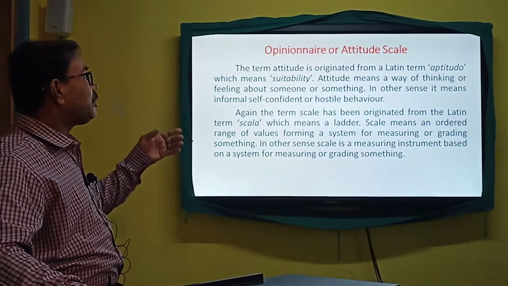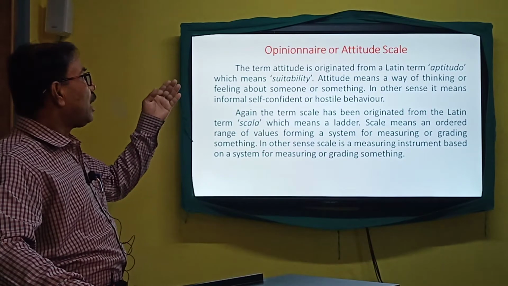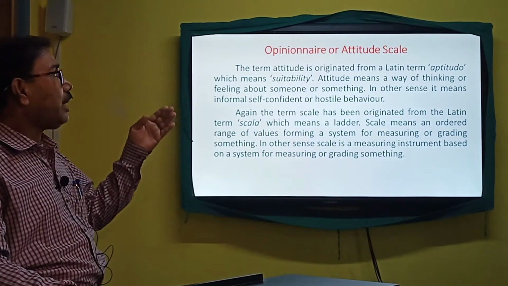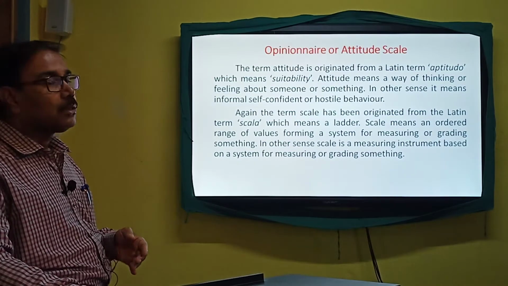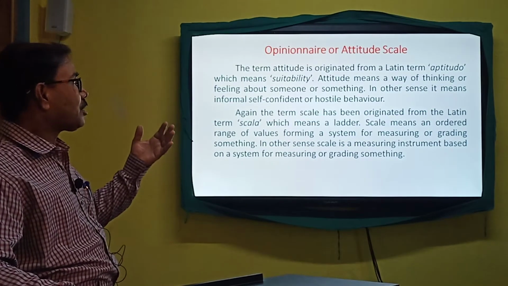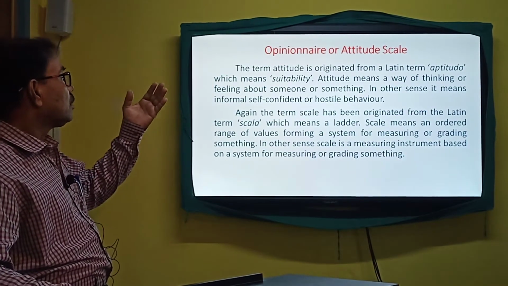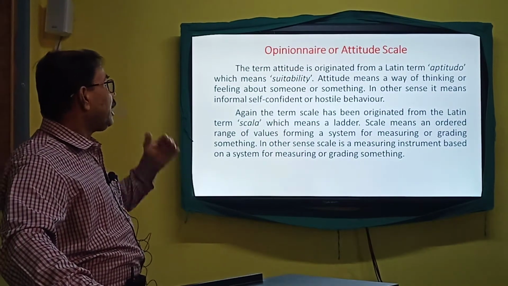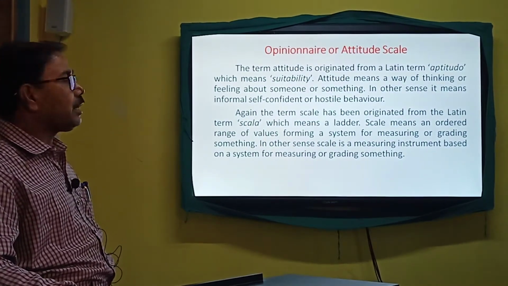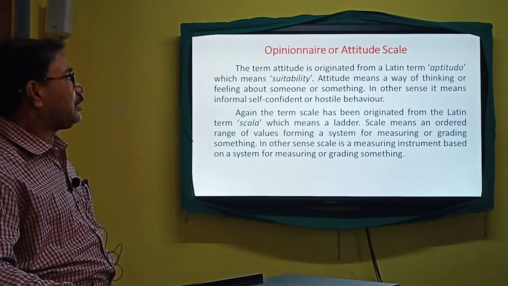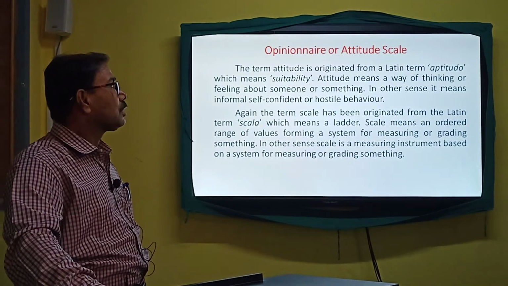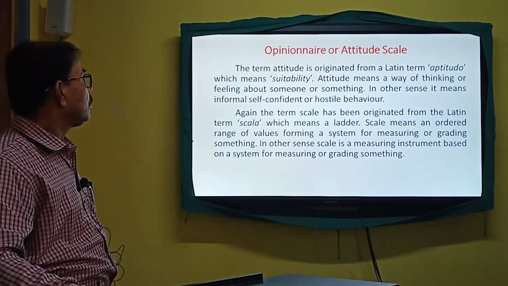The term attitude, because either opinionnaire or attitude scale we are discussing for the collection of research data. So, the term attitude, once we see the origin, we find that it originated from a Latin term, aptitude.